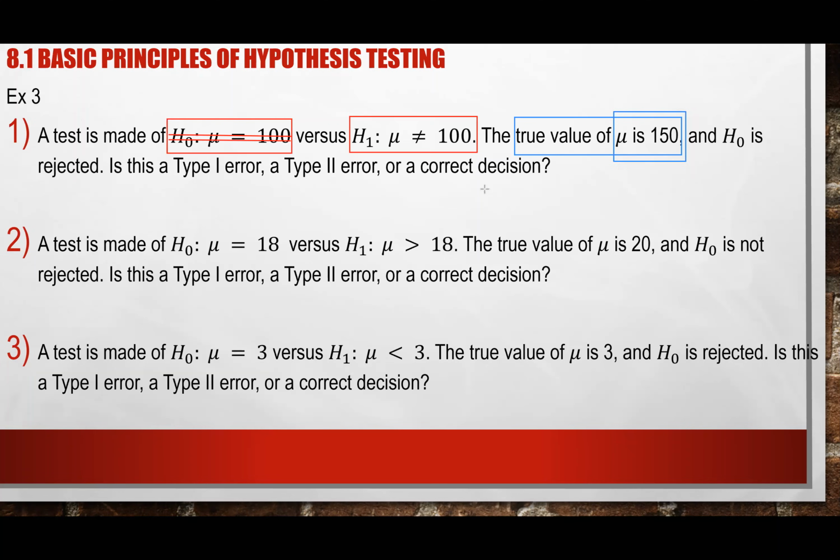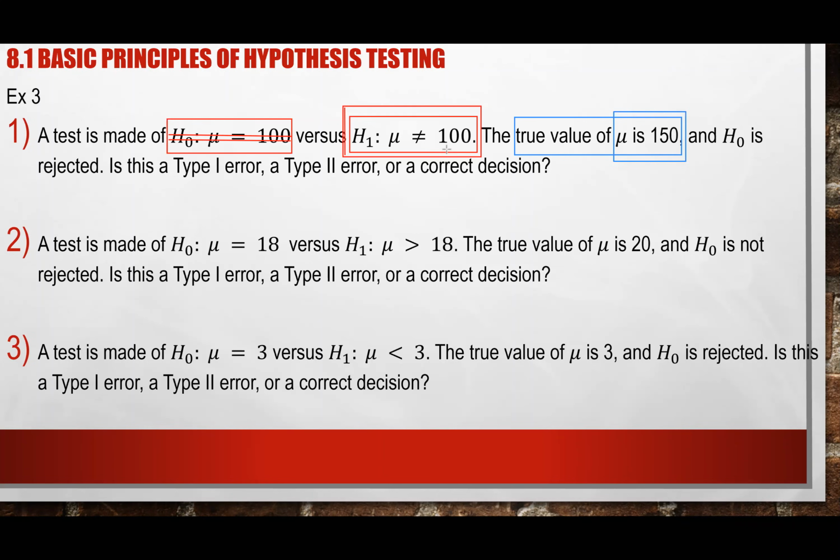Okay, so looking at this here, remember, if you throw this away, it tells you that you have enough evidence to support this right here, right? Any idea? Is it a correct decision, right?